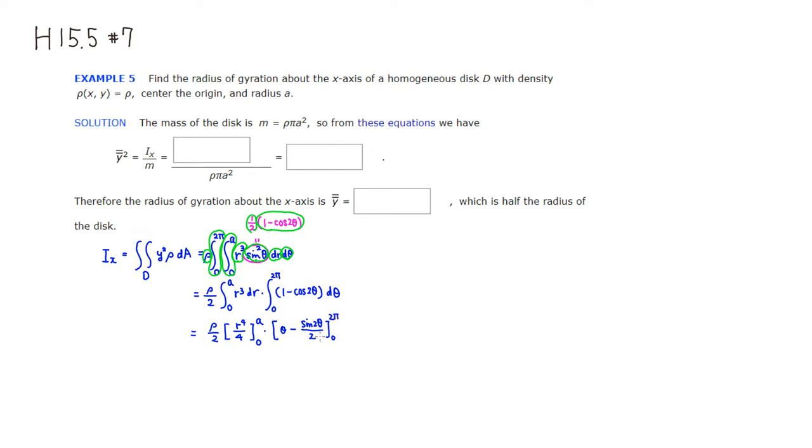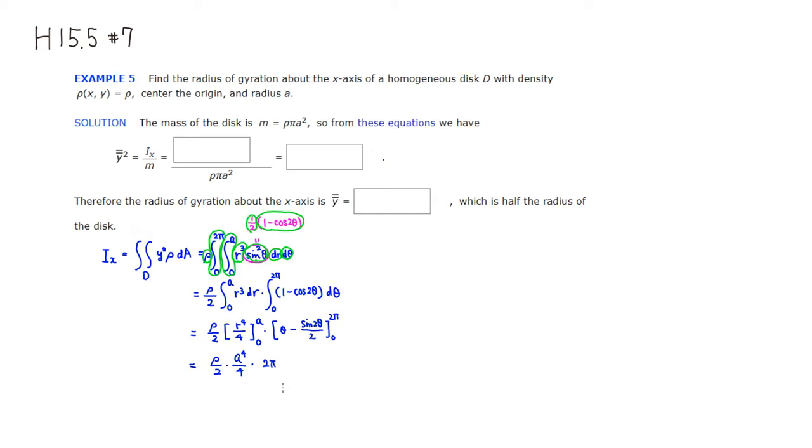So this is going to be equal to rho over 2 multiplied by, plugging in a, a to the 4th power over 4. Then multiplied by, plugging in 2 pi, you have 2 pi. Sine of 4 pi is 0, and plugging in 0, sine of 0 is 0.